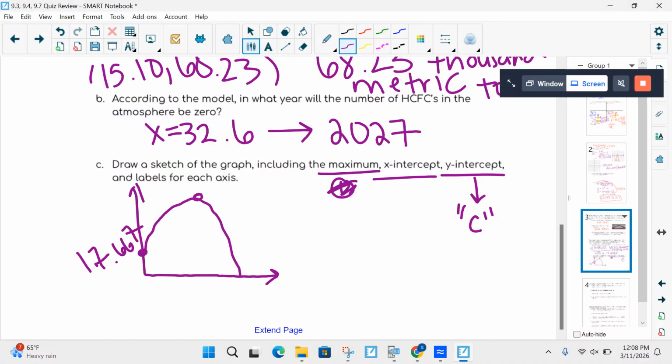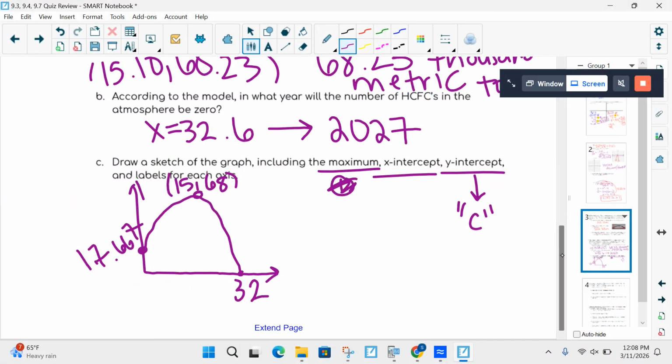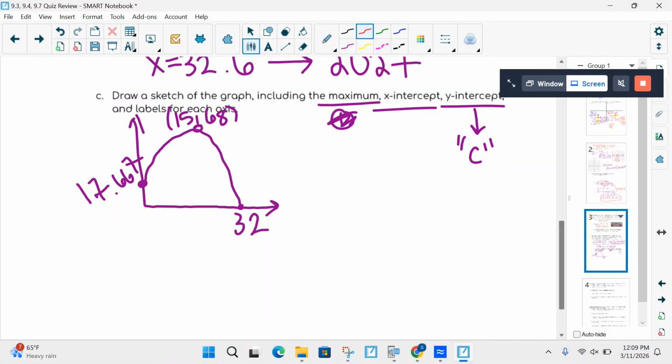The vertex was the 15 and the 68. For the sake of space here, I'm not going to write the decimals. And then the x-intercept is 32. And you have to label your x and y axis. Make sure you at least get your graph done before you go to lunch. And so this would be years, or you could write time.